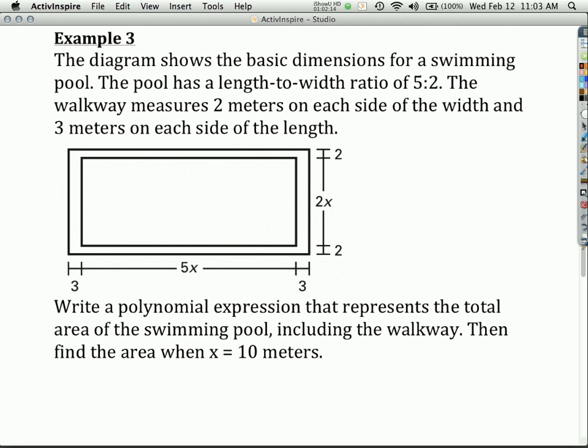So, the story here is based on reality. Reality's been stretched a little bit to serve the right purpose here in the classroom. But the idea is we have a contractor, a person or a company who installs pools in people's backyards. And they might have several templates of different pools.